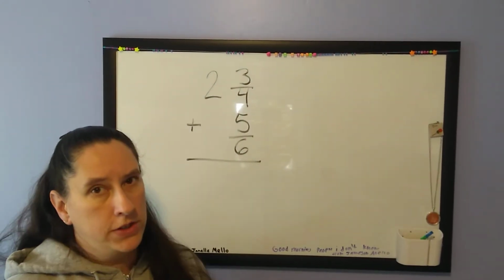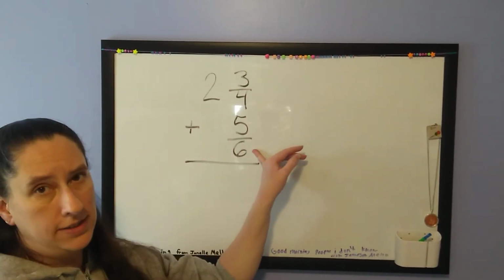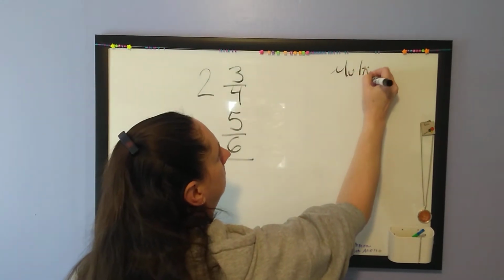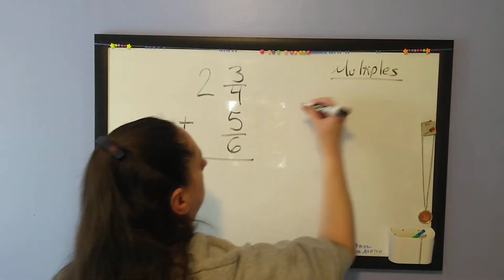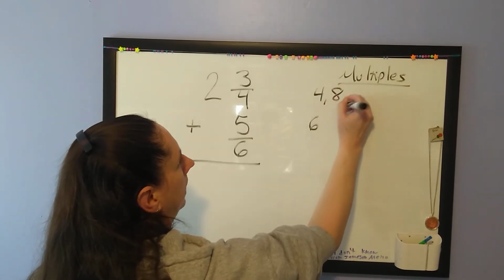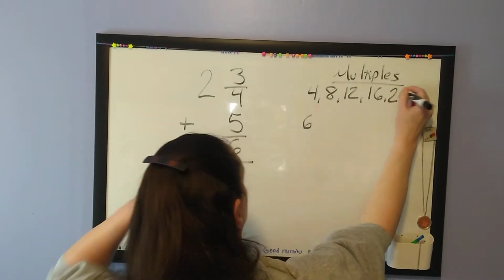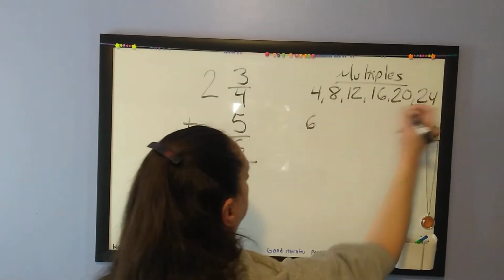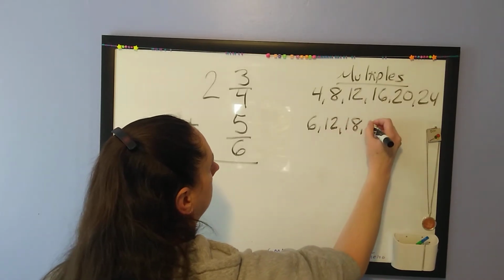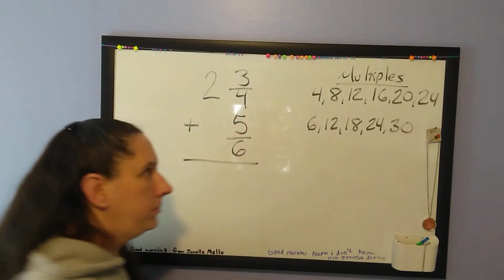Okay, the very first step is to find your denominators, 4 and 6. My second step is I'm going to list my multiples of my denominators. 4, 8, 12, 16, 20, 24. 6, 12, 18, 24, 30.